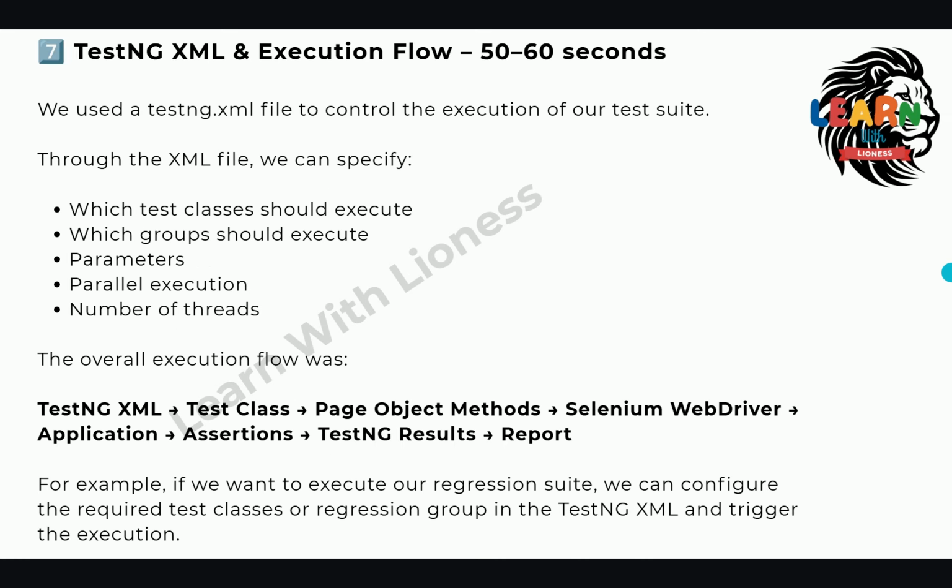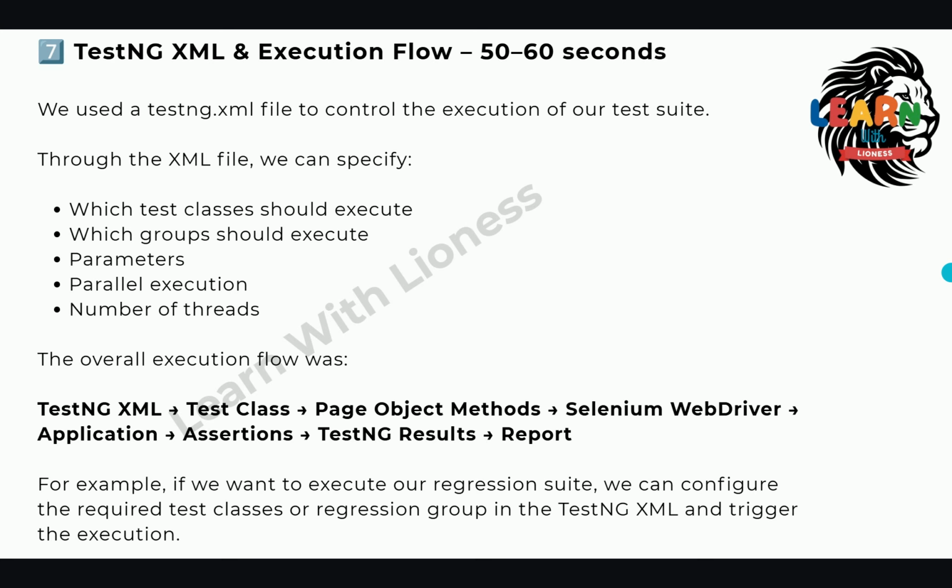TestNG XML and execution flow. We used a testing.xml file to control the execution of our test suite. Through the XML file, we can specify which test classes should execute, which groups should execute, parameters, parallel execution, number of threads.